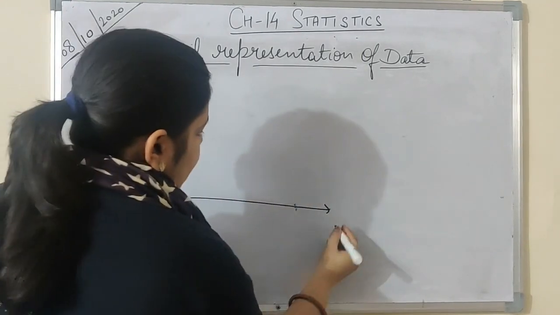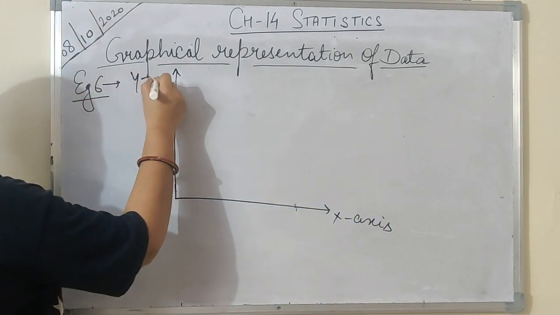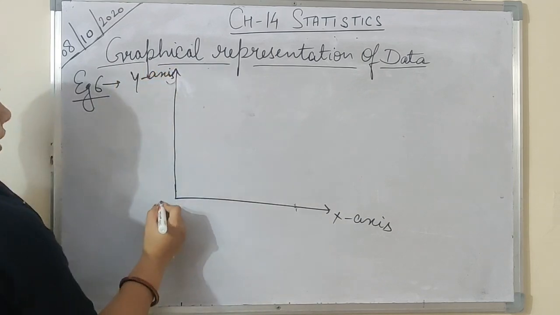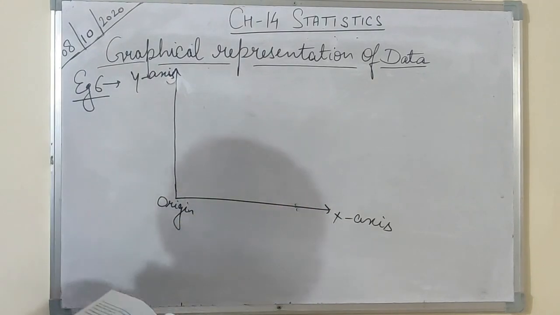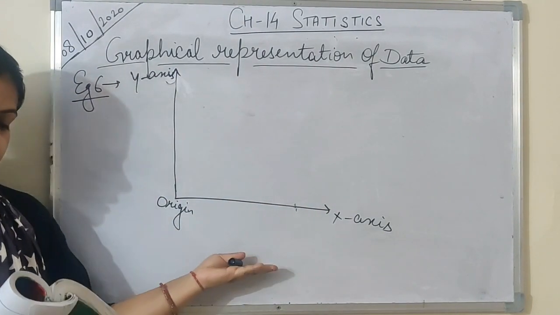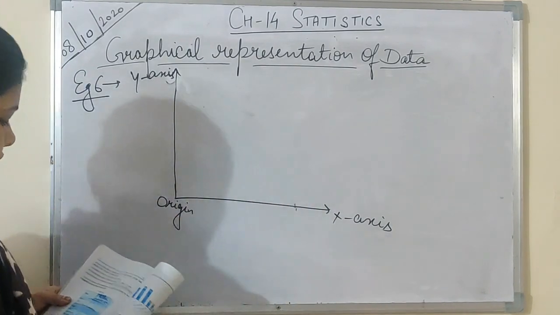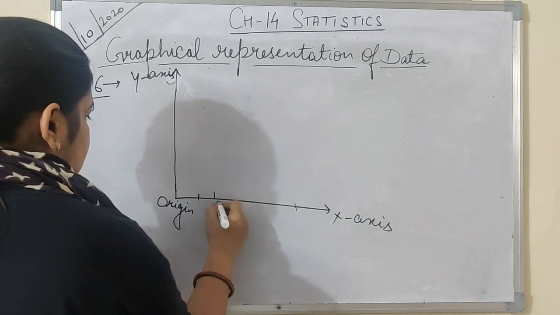So as you all know, this is the x-axis, this is the y-axis, and this is the origin. Here data is given, and as I have told you, whatever information regarding data is given, we will draw it on the x-axis. So I am drawing it on the x-axis.